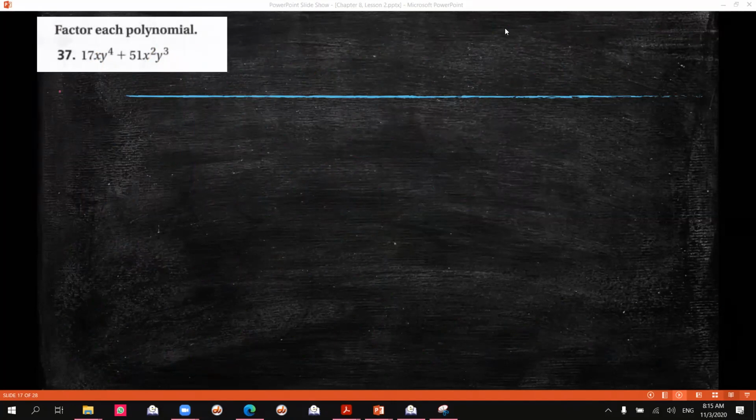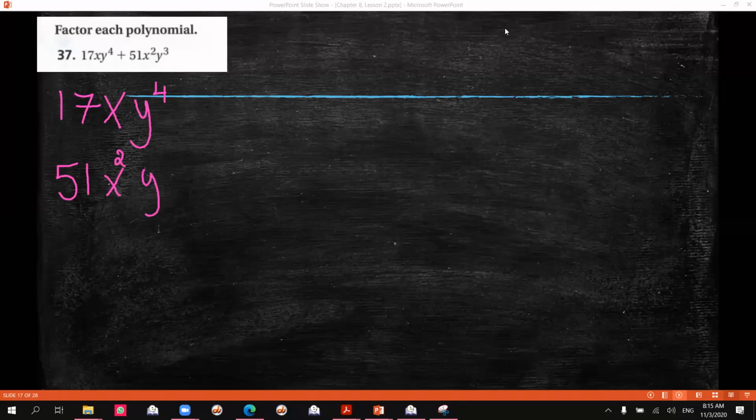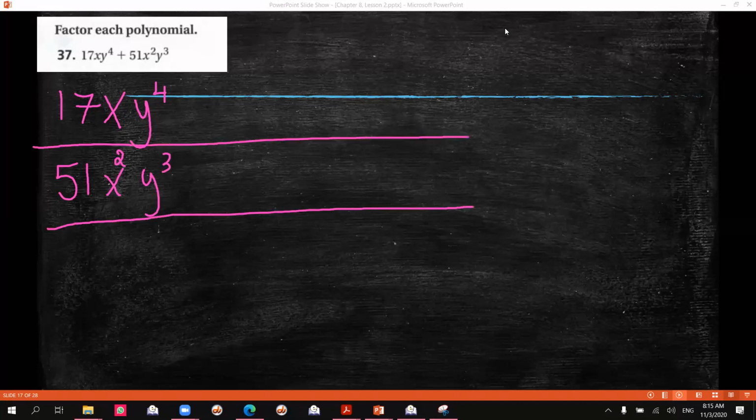We have 17xy raised to the power 4 and 51x squared y cubed. Now, the first step, as we said, let's factor each term. The 17, give me prime numbers that if I multiply them, I get 17. 1 multiplied by 17, because it's a prime. So I choose to write it as 17 only.